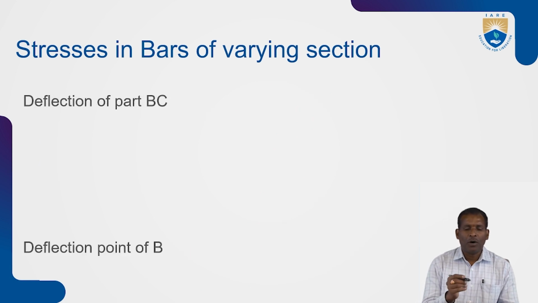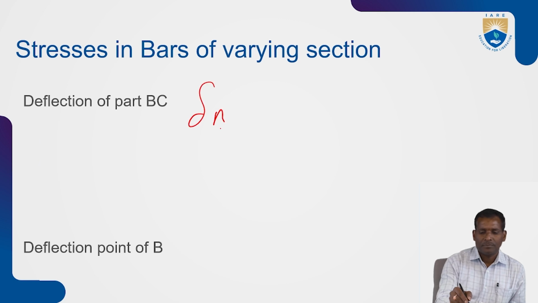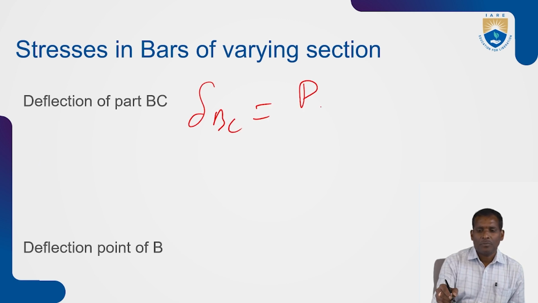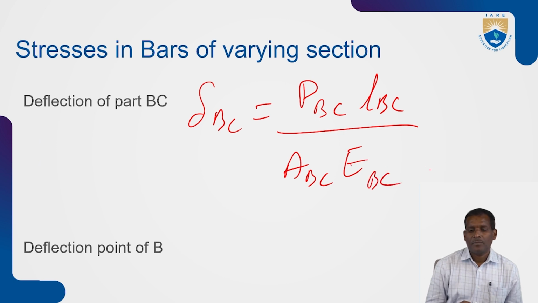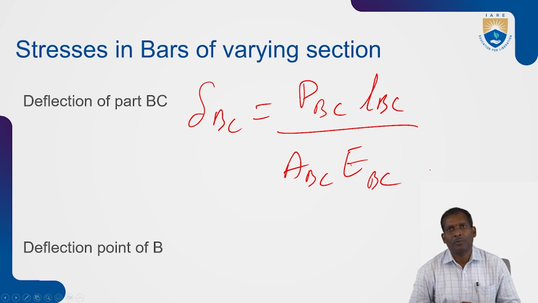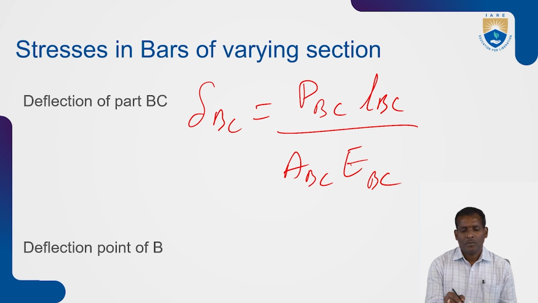Similarly, the deflection of part BC is equal to P_BC, length BC, divided by the area of BC into the modulus of elasticity of BC.